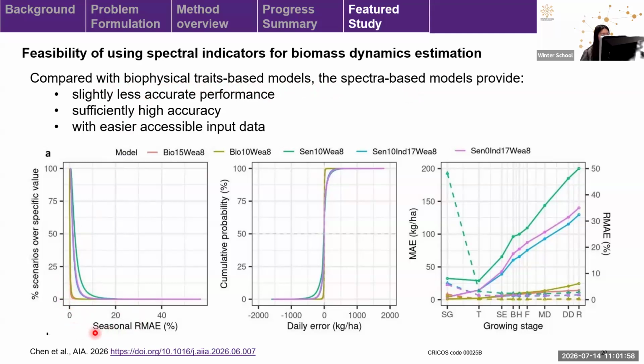We compare their performance on the seasonal scale, daily scale, and also different growth stage scales. We can see our spectral driven model is slightly less accurate than the baseline, but the performance is already sufficiently high. And compared to those crop traits, the spectral data is apparently more easily accessible. So that provides evidence that our model is reasonable.